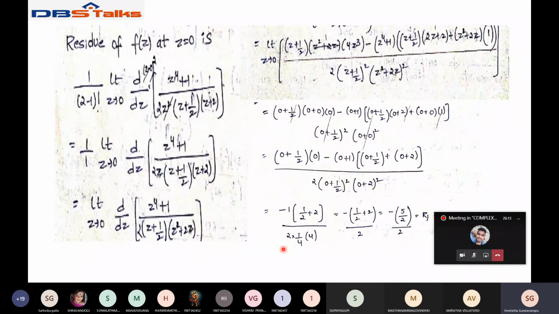This is the residue of f(z) at z = 0, say R1.